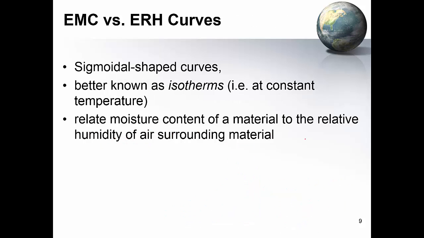So there exists a relationship between equilibrium moisture content and the equilibrium relative humidity. So if I plot ERH versus EMC, if I store a food product in very dry conditions, the product is going to dry out and maybe stabilize at a pretty low moisture content.